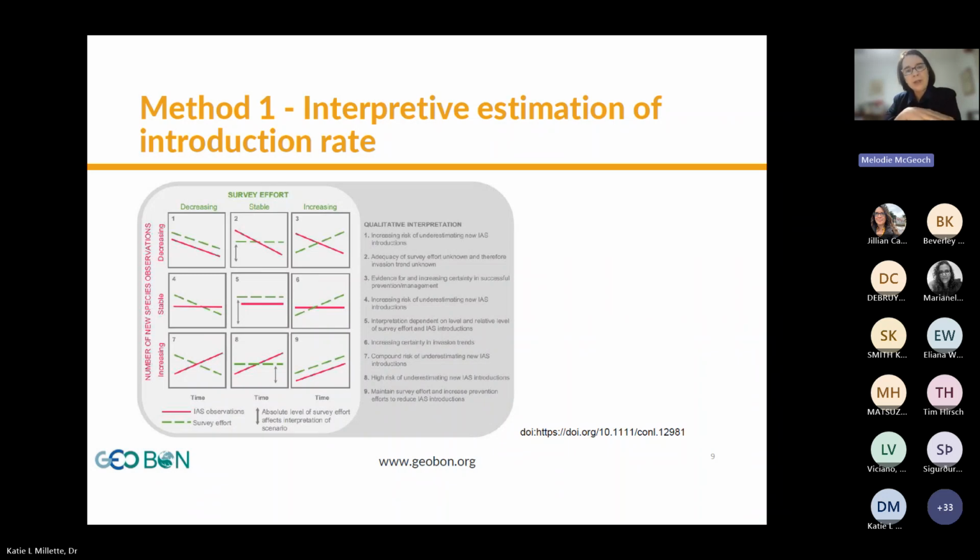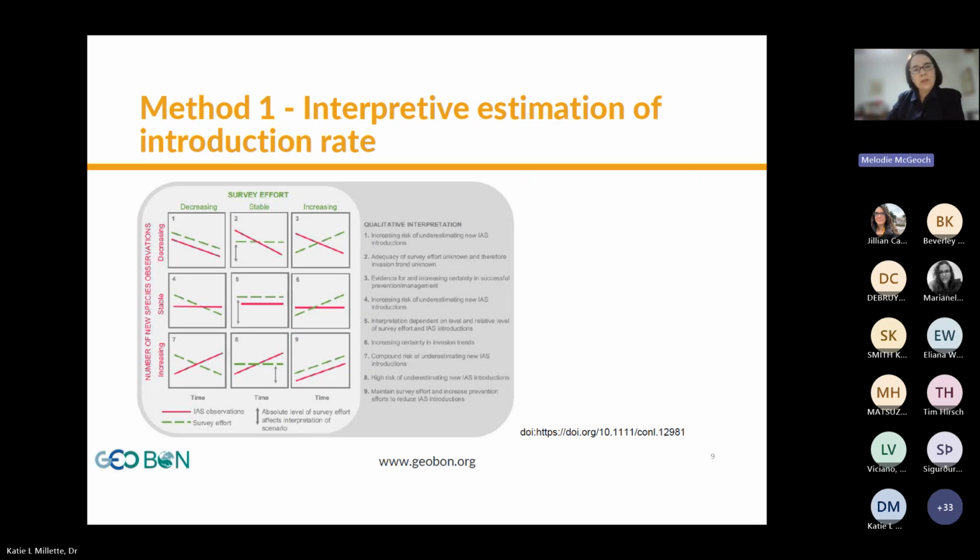And so by examining the relationship between changes in survey effort and changes in the numbers of invasive species observed, one can make some conclusions about the introduction rates in a particular country. So for example, in scenario number 1 here, you have a declining number of new species observations over time, but at the same time decreasing survey effort.